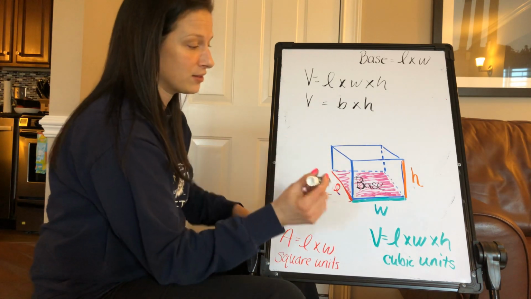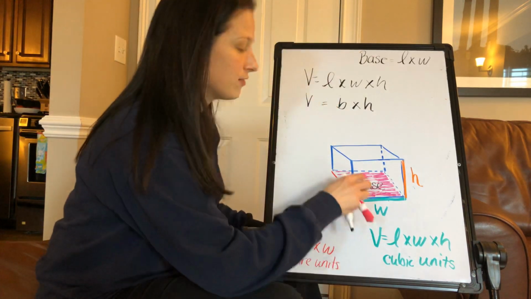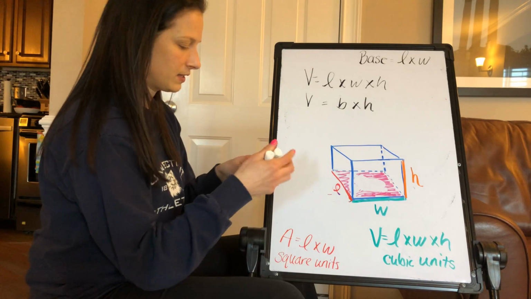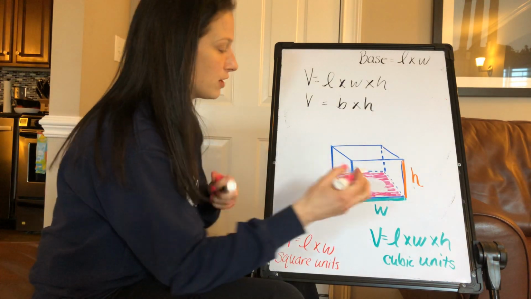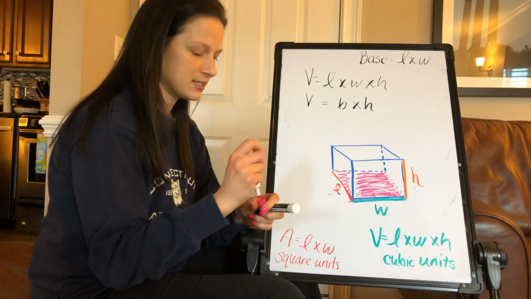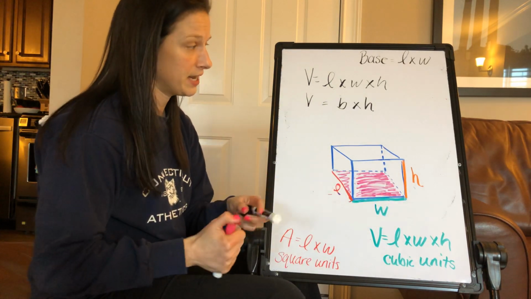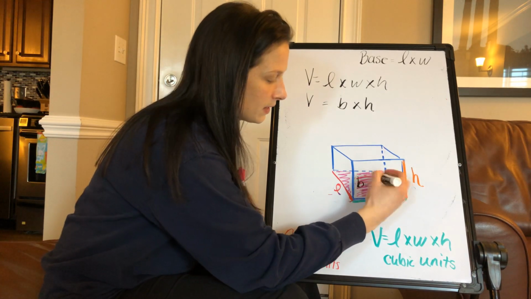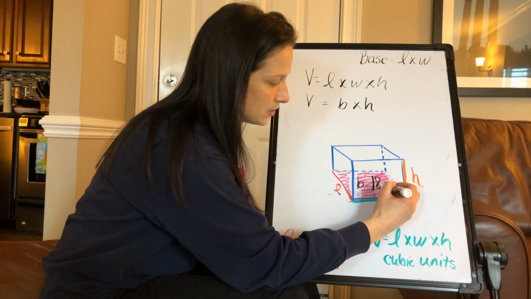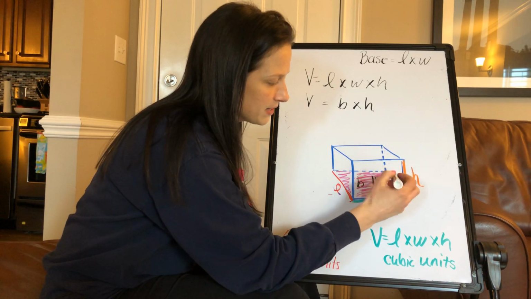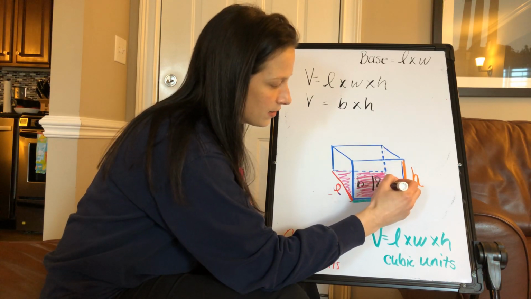So what might that look like in a picture that you're given? Well, let me re-scribble this so I don't have to draw a million different rectangular prisms today. So they might say that base equals 18 inches squared.